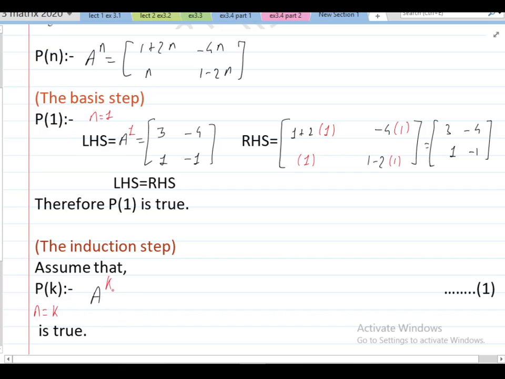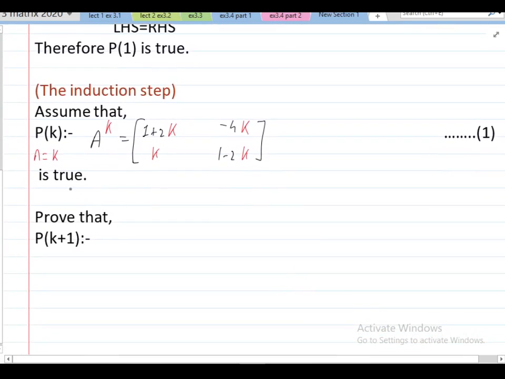So A raised to k will be [1 plus 2k, minus 4k; k, 1 minus 2k], assumed true. Now we have to prove that A raised to k plus 1 is [1 plus 2(k plus 1), minus 4(k plus 1); k plus 1, 1 minus 2(k plus 1)].